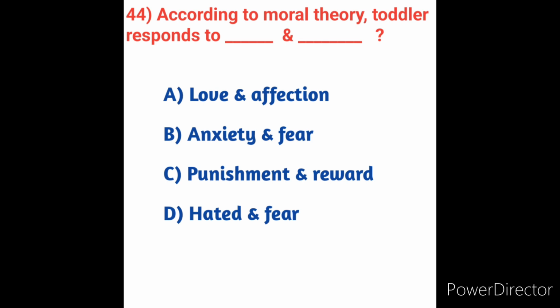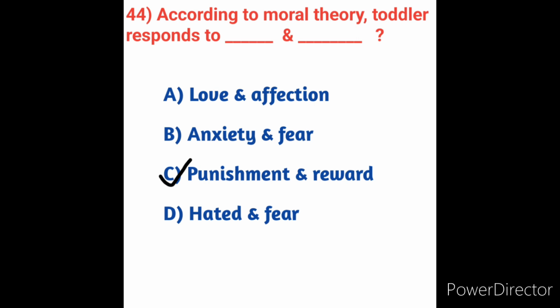In the first, pre-conventional stage, morality is controlled and conformed to in order to avoid punishments and to receive rewards. So according to moral theory, the toddler responds to punishment and rewards. Option C is the correct answer.